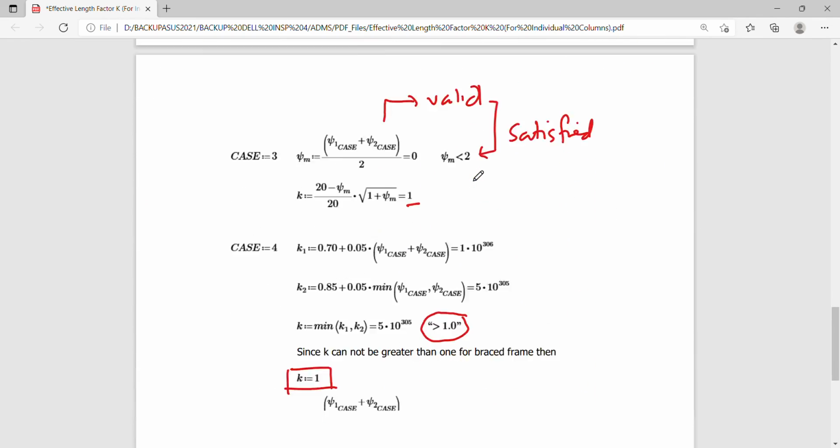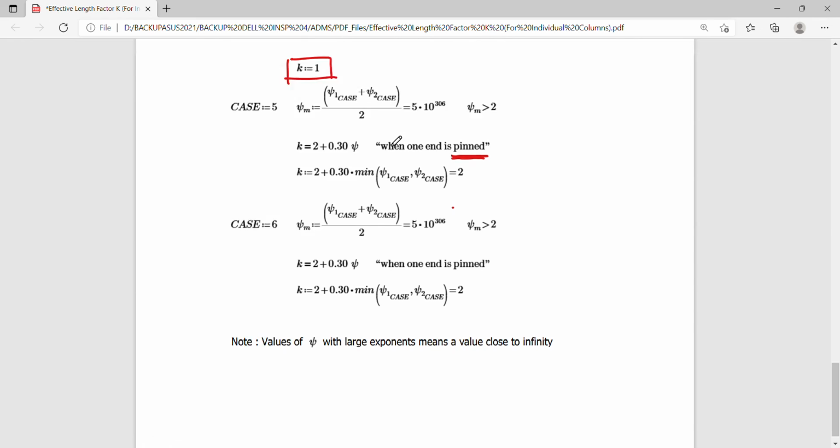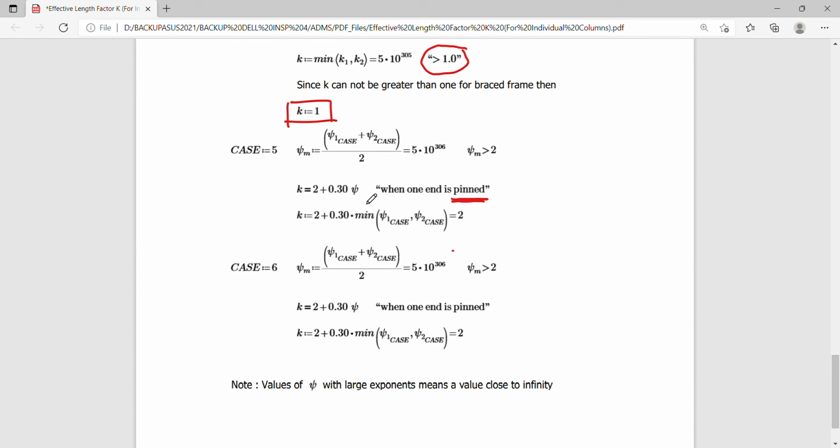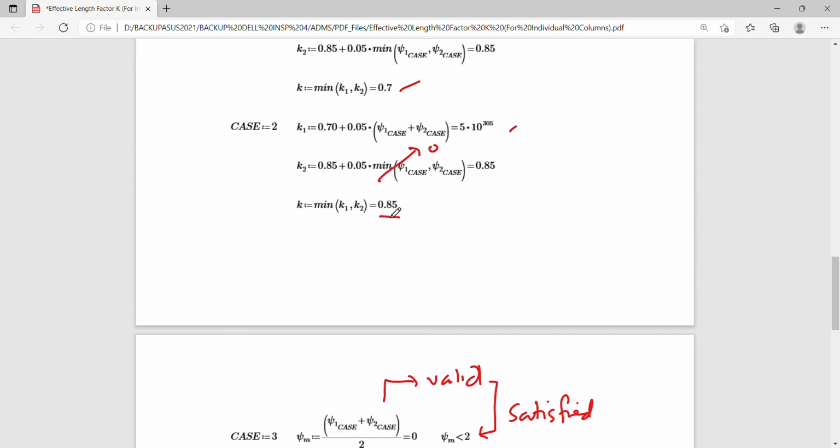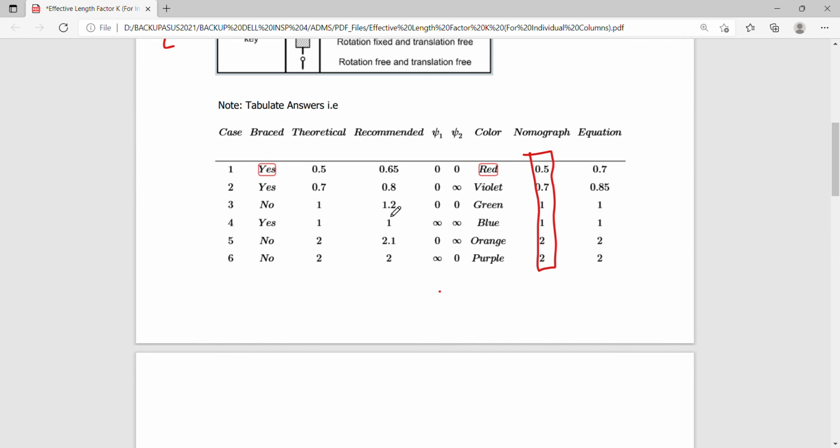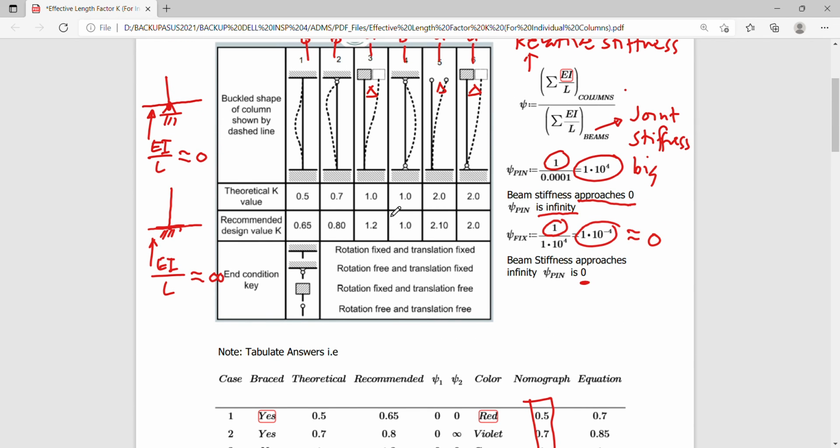So we now use another formula for 5, 6, which is 2 plus 0.30 of the psi of the pinned condition. And of course, the psi here actually refers to the minimum value of the psi in either cases. So what is the psi for a pin condition? As shown here, it is a very big value, but for fixed condition, it's a very small value.